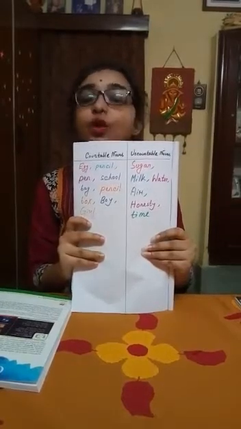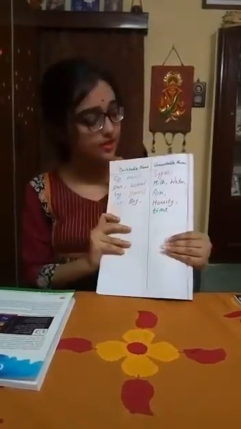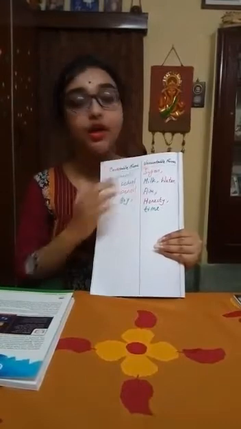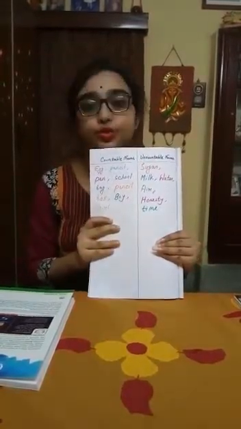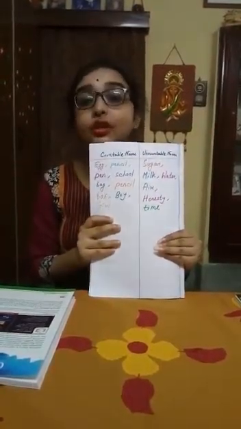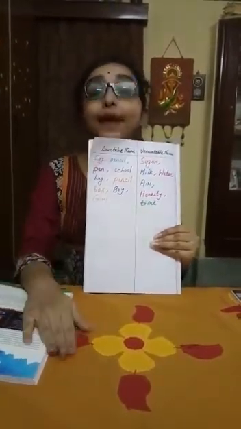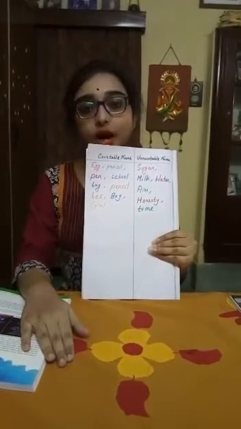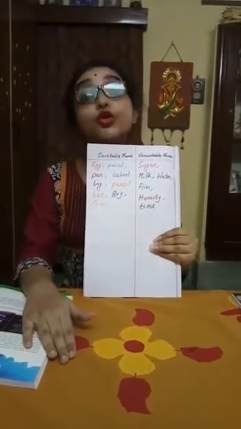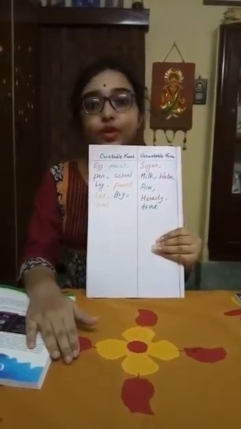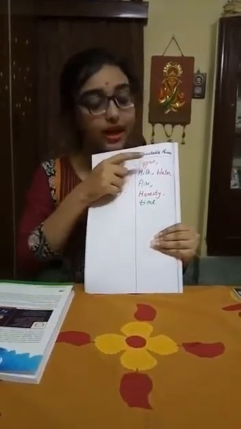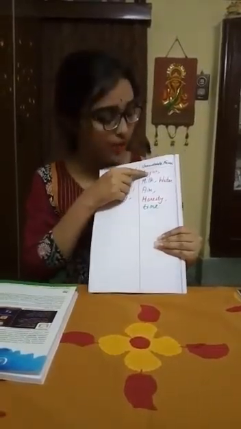Now coming to uncountable noun examples. Look at this, students. Sugar. Sugar you cannot count. The thing that you can count is the packets of sugar: one packet of sugar, two packets of sugar. But sugar itself you cannot count.